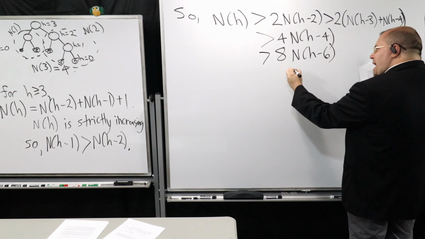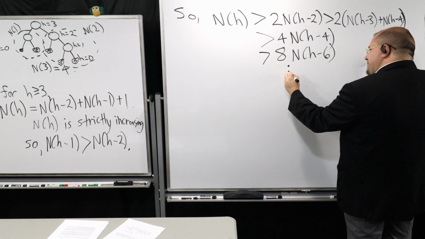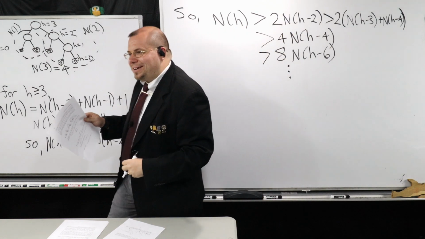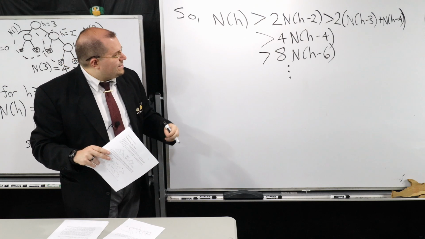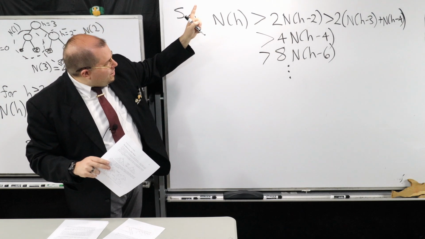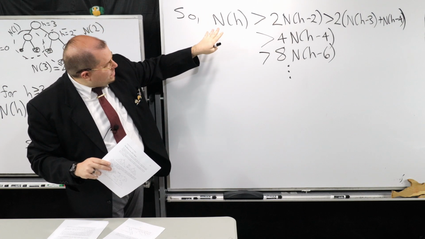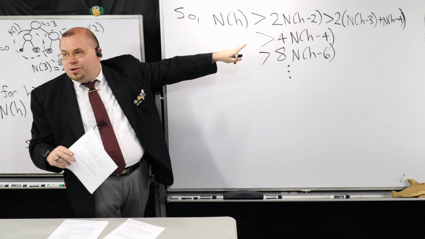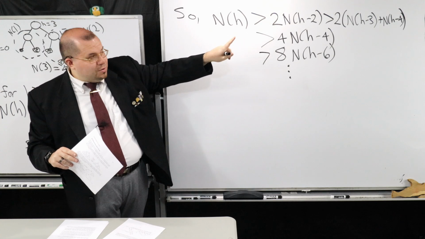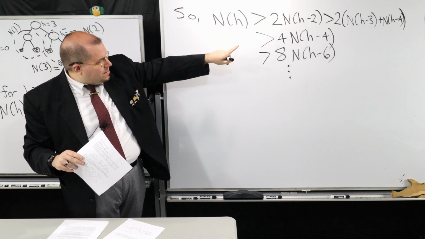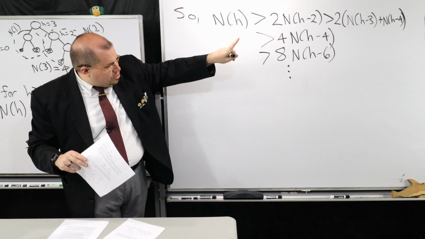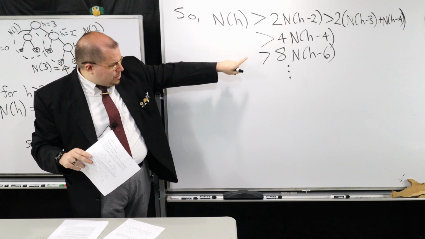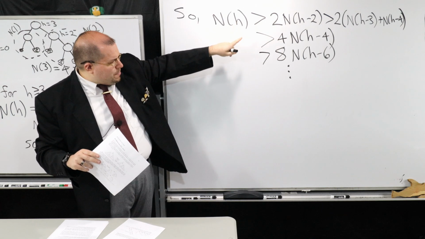Do you see a pattern yet? Any pattern here that's sticking out like a sore thumb? Notice that I started off with whatever this was, then I have 2 times whatever that thing is, subtracting off a multiple of 2. Then I have 4 times n of h minus 4. Then I have 8, which is another power of 2. So notice it's going up by powers of 2.